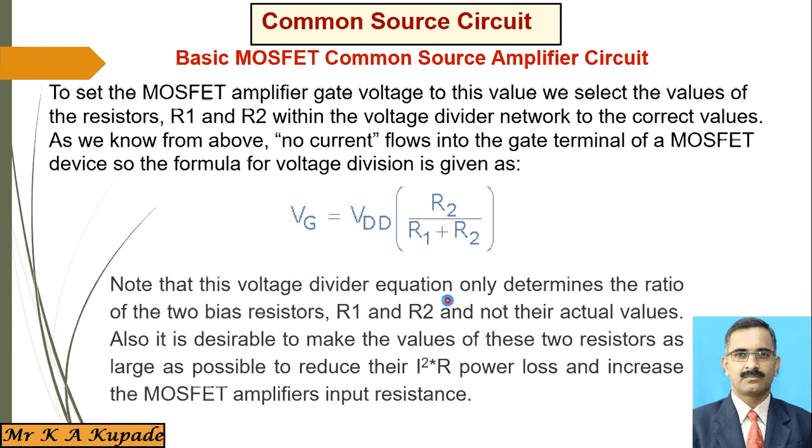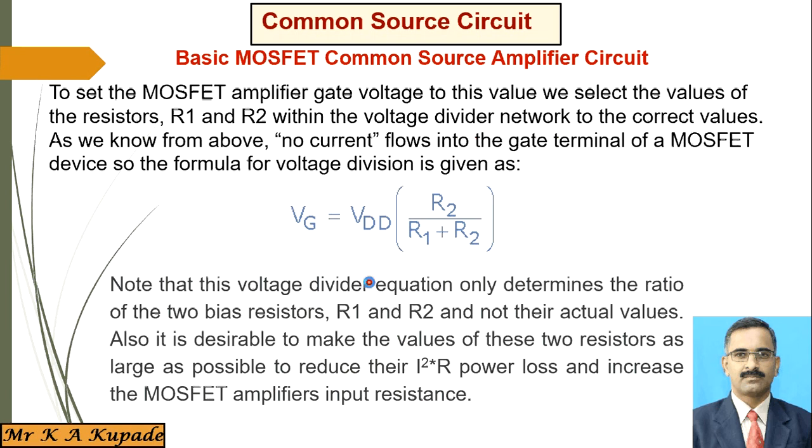Also, it is desirable to make the values of these two resistors as large as possible to reduce the I square R power loss and increase the MOSFET amplifier's input resistance.